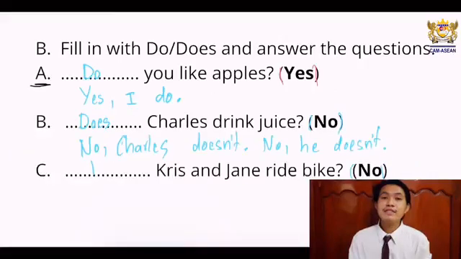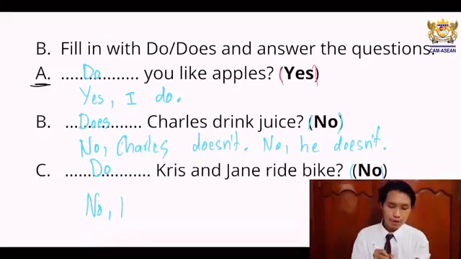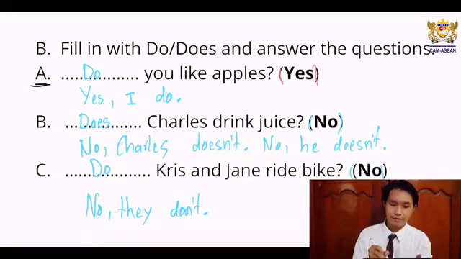So the answer of letter C is do. Very good, because 2 persons, 2 people, Chris and Jane. Do Chris and Jane ride bike? And the answer is no. Whenever there are 2 people, the answer has to be they, right? No, they don't. Yes, negative form.